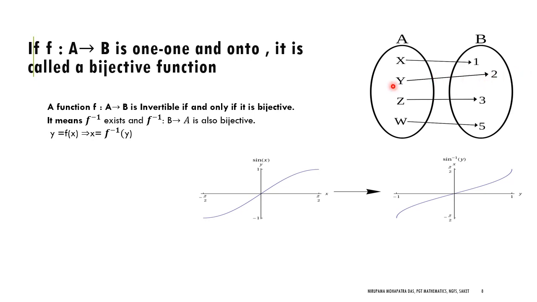Then only can it be bijective, because one element of this is associated with one element of this. For 1-1, and for onto all the elements of set B have to be used. Every element of set B should be associated with some element of set A. So the number of elements in set A should be equal to the number of elements in set B if we want the function to be bijective.